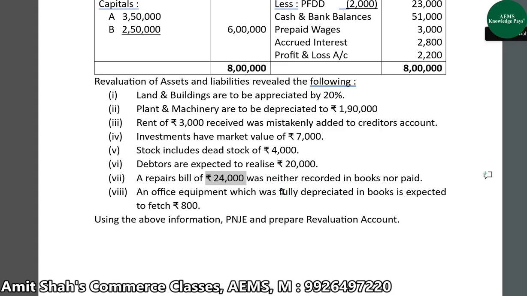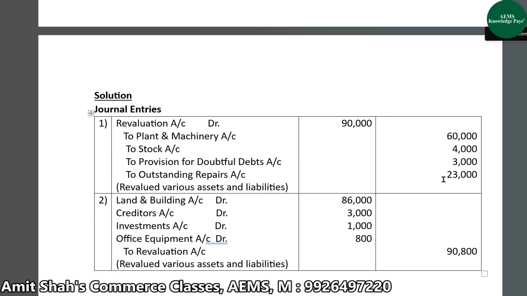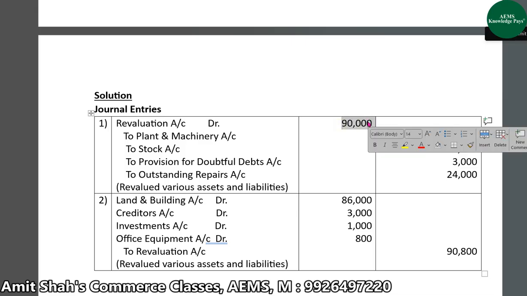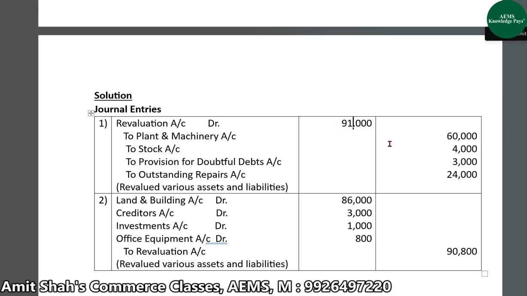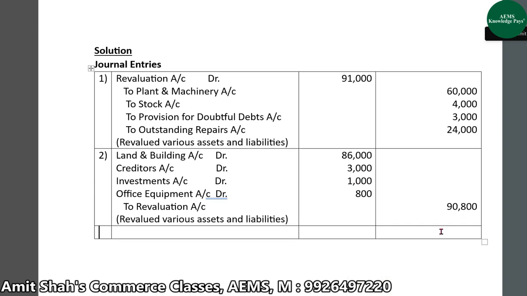Yes, sir. So here, instead of 23, we will have 24,000. With this, the amount will increase by 1,000. So the total loss here is 91,000. So total loss upon revaluation is 91,000. Total profit is 90,800. It means there is net loss of 200 rupees, the difference of these two amounts.